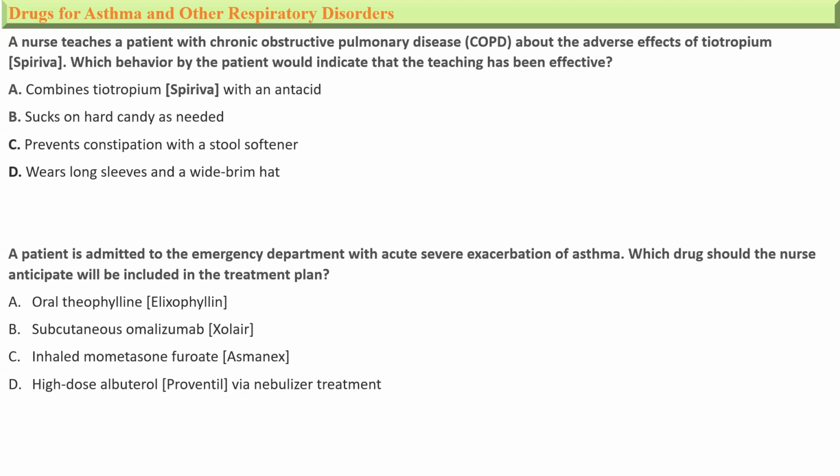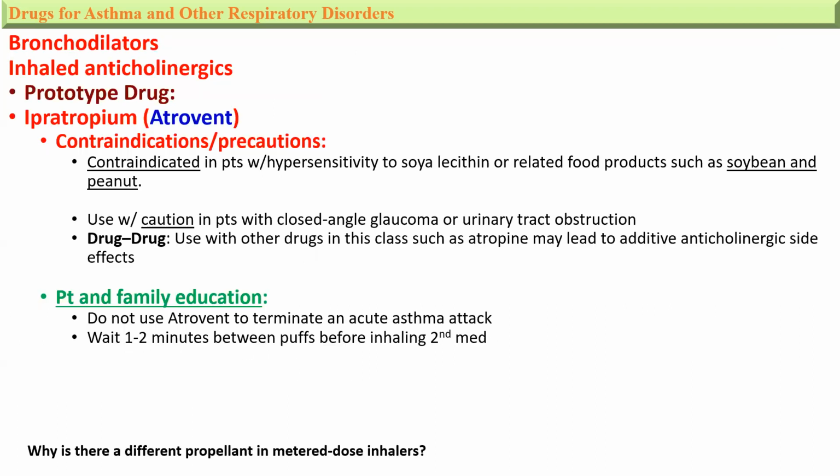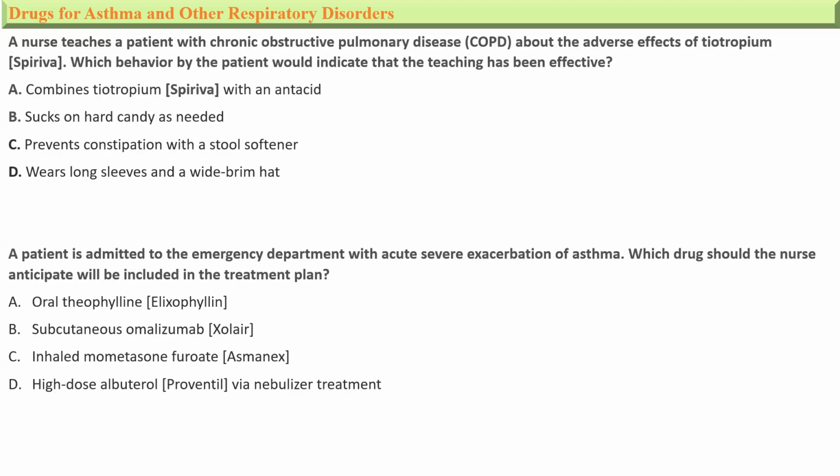During an exacerbation, corticosteroids are administered systemically. Systemic administration is required when there is an exacerbation of the asthmatic attack, not the local or any other route.